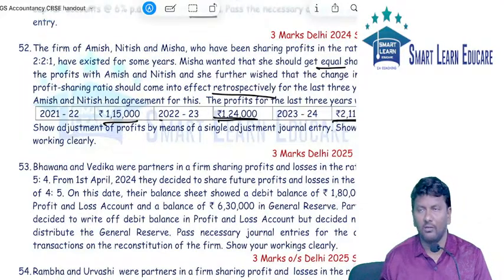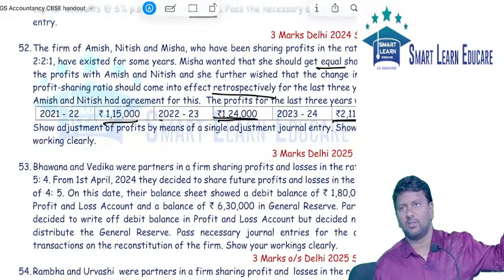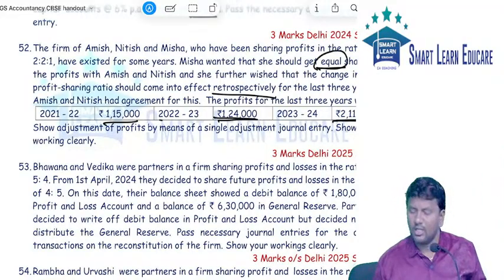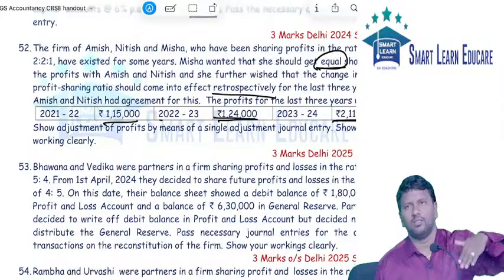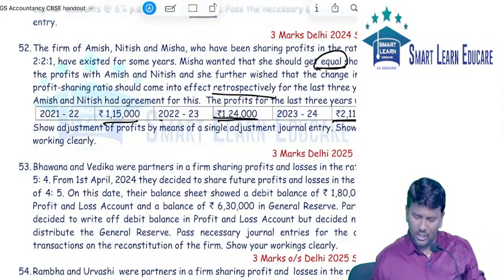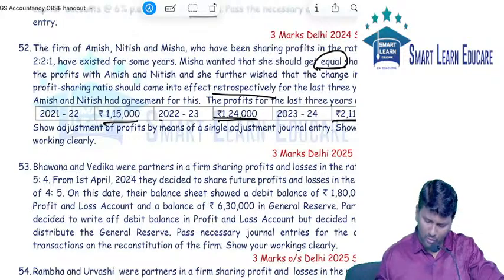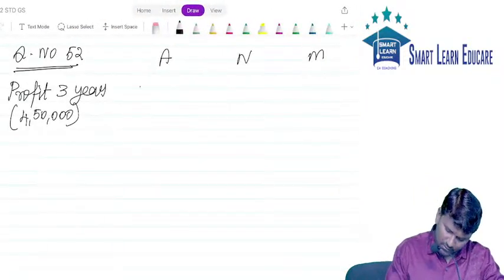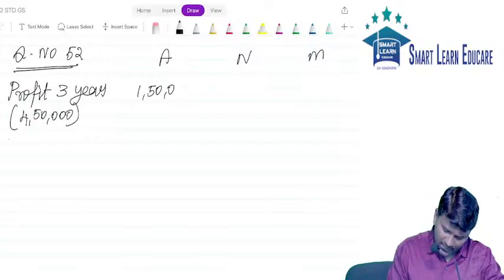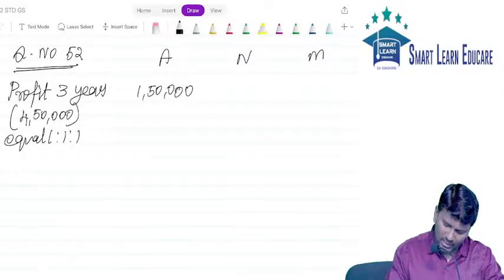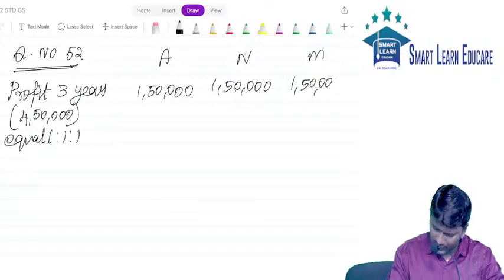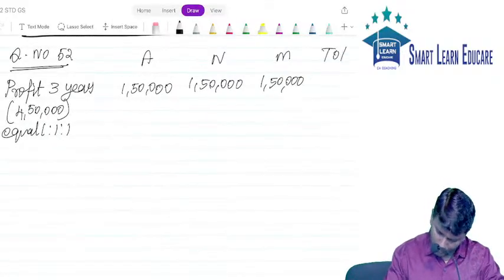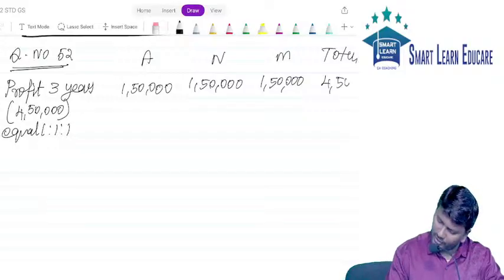Retrospective change means from the beginning onwards they want the ratio to be equal. If it had been equal from the beginning, the profit sharing ratio would be 1:1:1. So 1,50,000, 1,50,000, 1,50,000, this is how we will share the profit. Total it is 4,50,000.